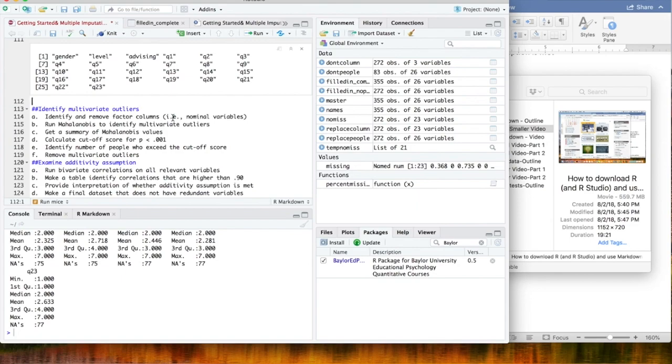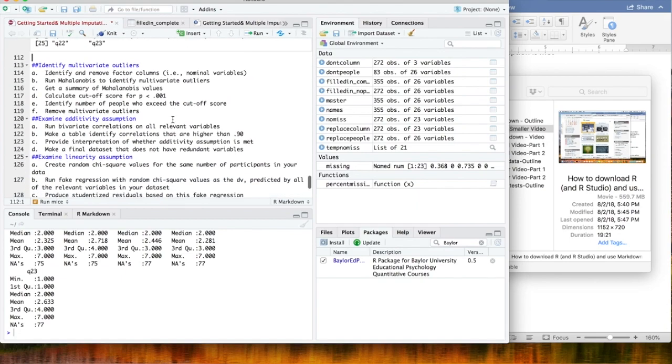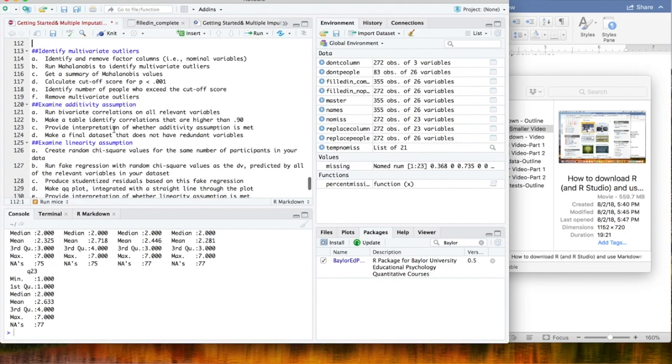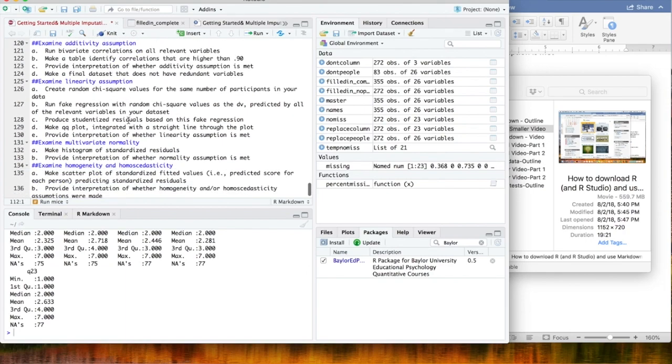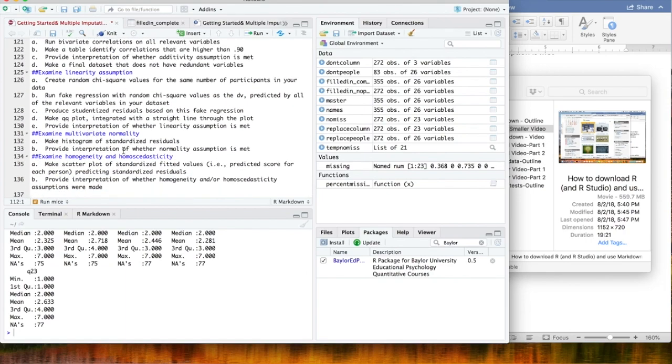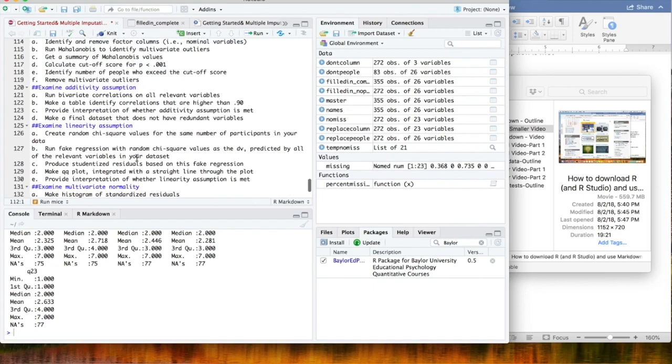So what we want to do right now is identify outliers and then examine various assumptions that are typically related to parametric tests: the additivity assumption, linearity assumption, multivariate normality, as well as homogeneity and homoscedasticity.